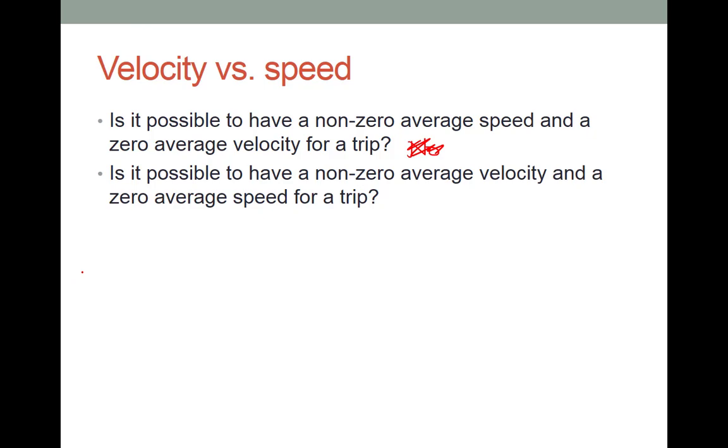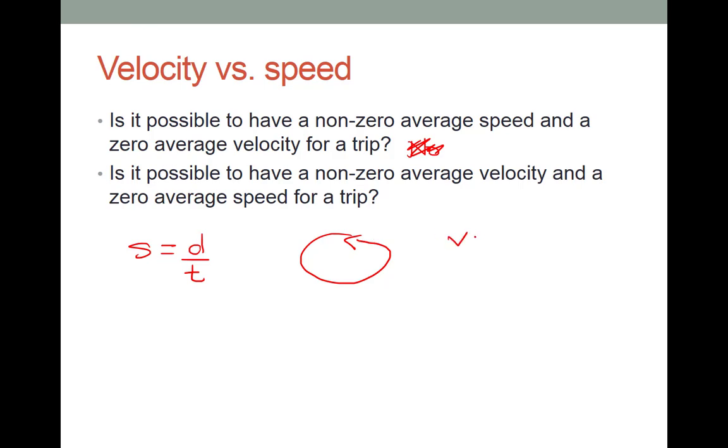Well, to have a non-zero average speed, remember speed is distance divided by time. I have to have gone some distance in some time. And a 0 average velocity for the trip. Well, what if that distance I traveled was in a full circle? Start and stop at the same point.